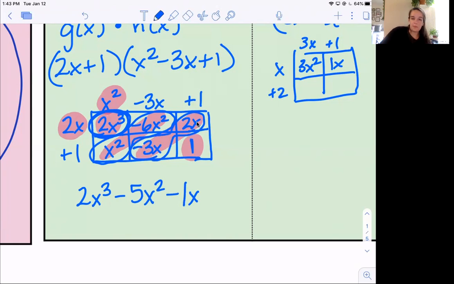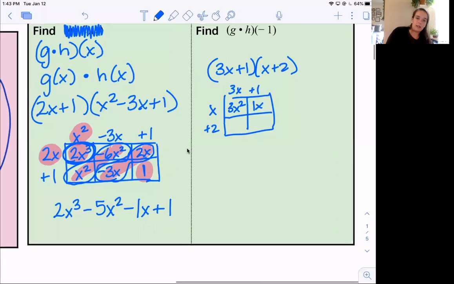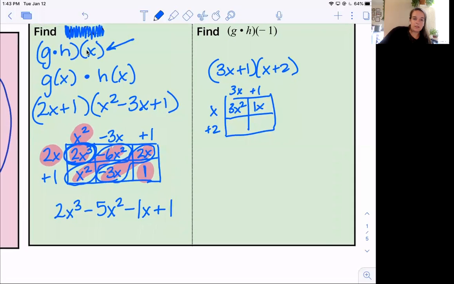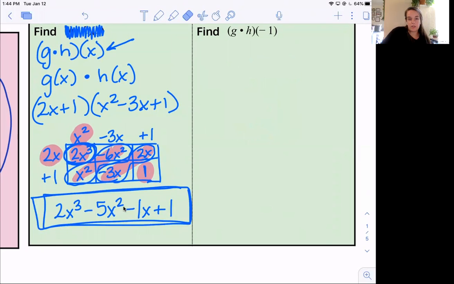And we get positive 1. So since this question started with X, we're going to have X in our answer. So this is our final answer for this question. So this is our question for multiplication.